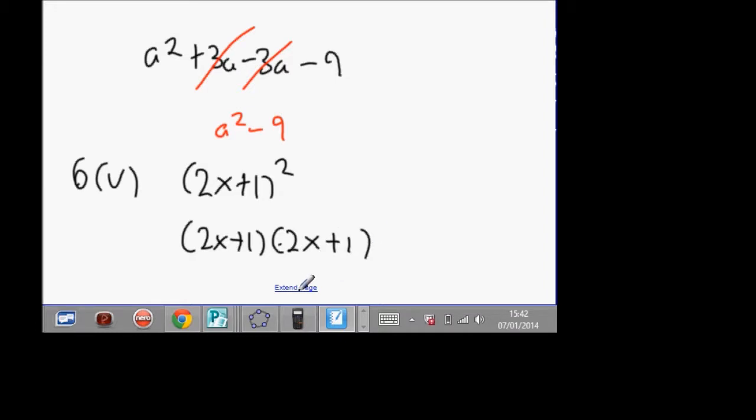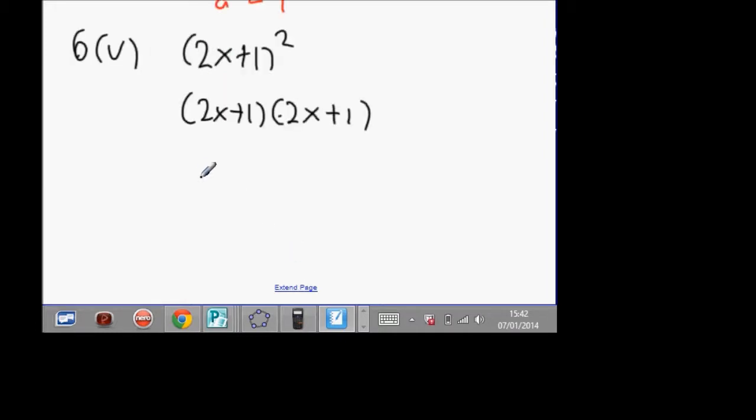Well, we want to see the brackets. So 2x bracket, first number times second bracket. So what's the second bracket? 2x plus 1. Second number times second bracket.